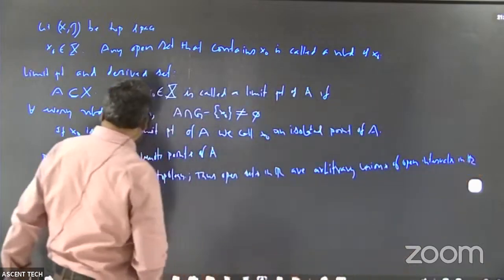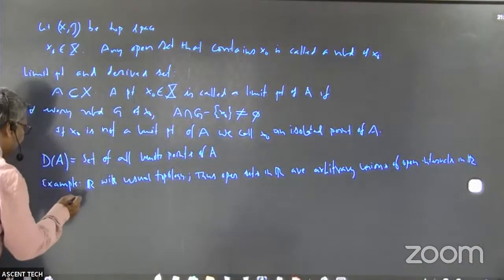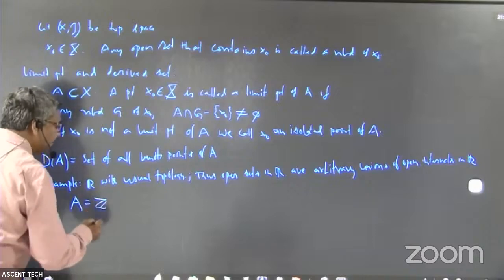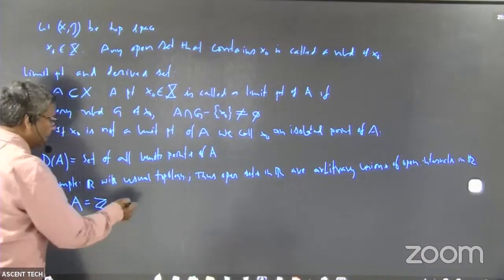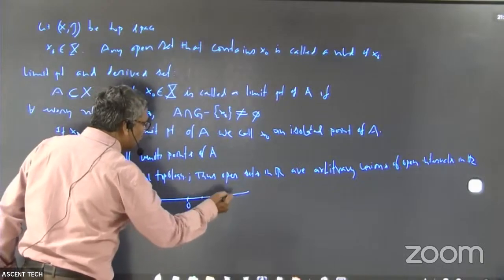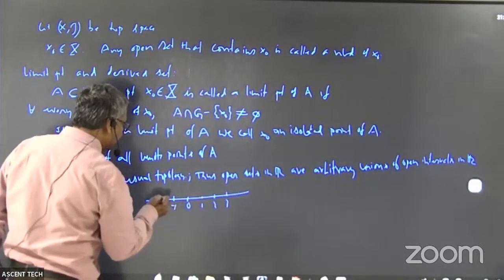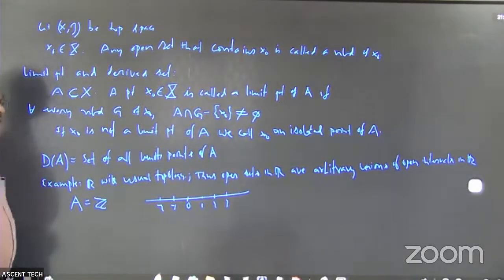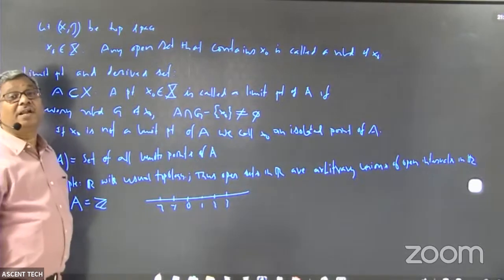Right. So as an example, maybe A is taken as Z. That means I have all integers 0, 1, 2, 3, -1, -2, forever. What will be the limit points of that? Are there limit points at all in this?